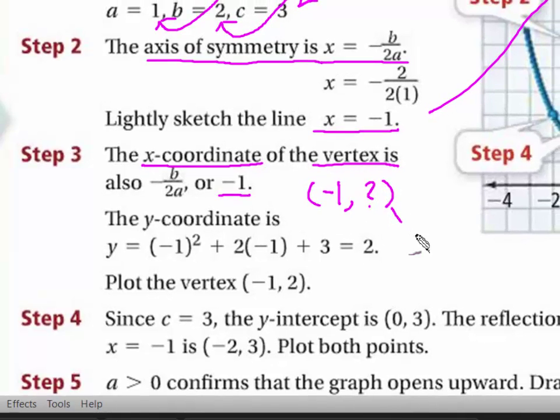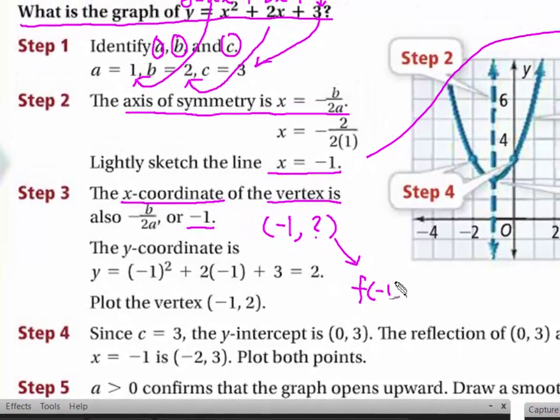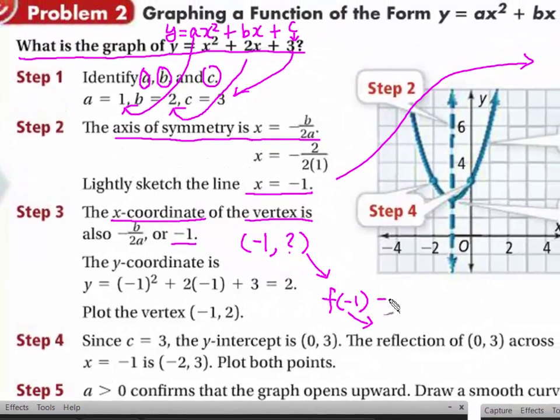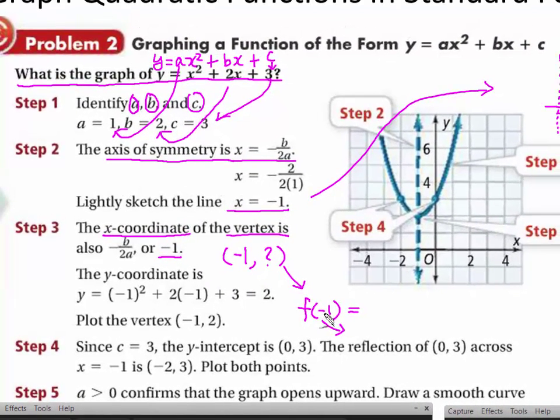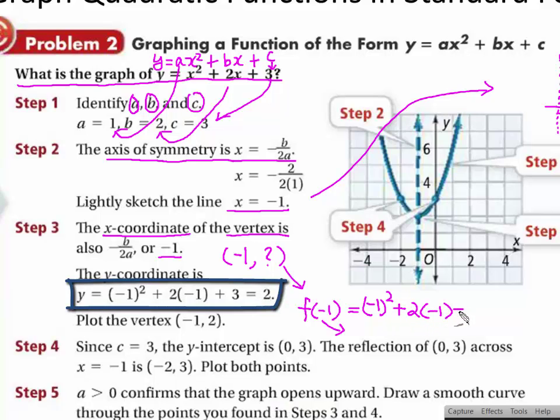All we need to do is, we have f of negative 1, which is equal to, we plug negative 1 back into the original equation, which is x squared plus 2x plus 3. Now x I'm going to change to negative 1 squared plus 2 times negative 1 plus 3.